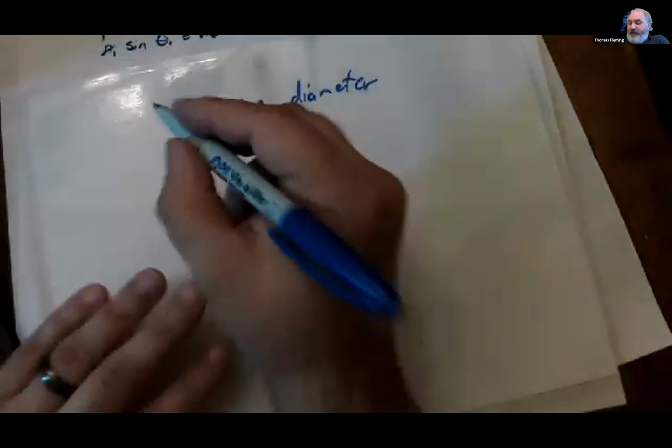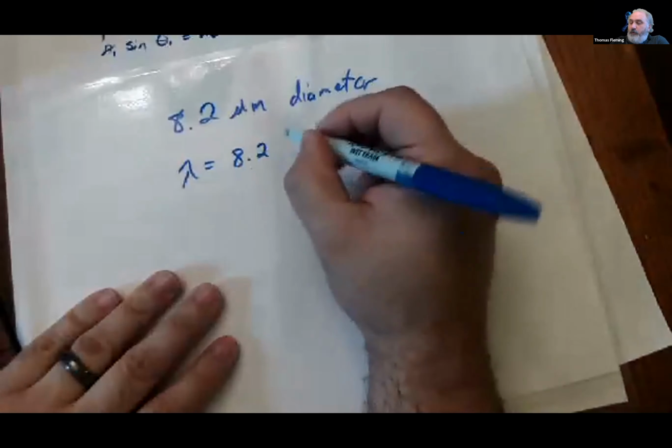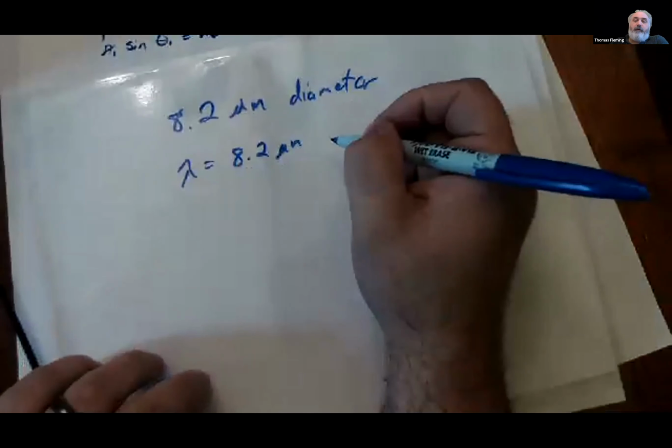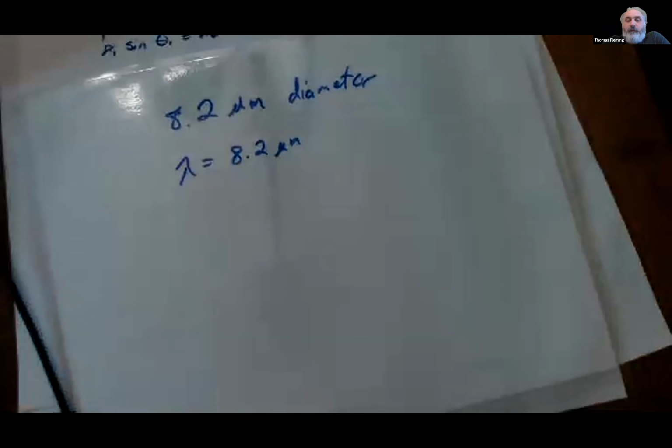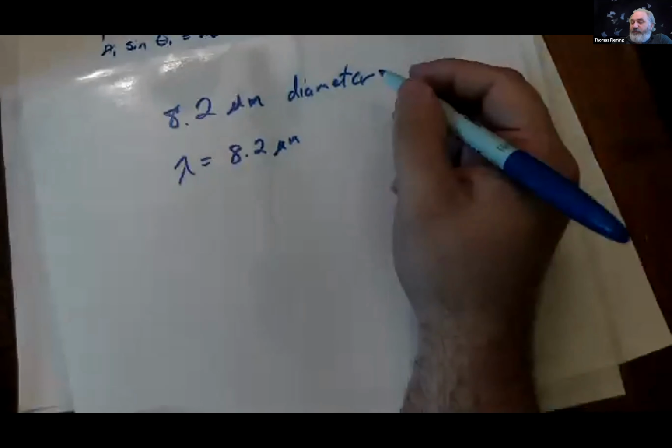So I want my wavelength to be about 8.2 micrometers. Would it be delta L equals M times the wavelength? No. Well, let's just think about this for a second.